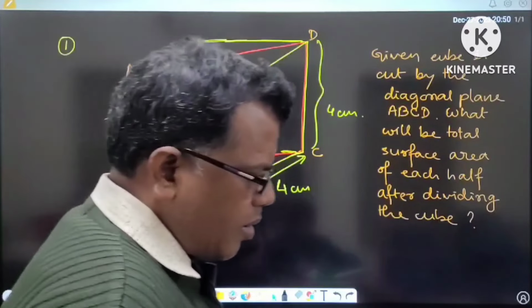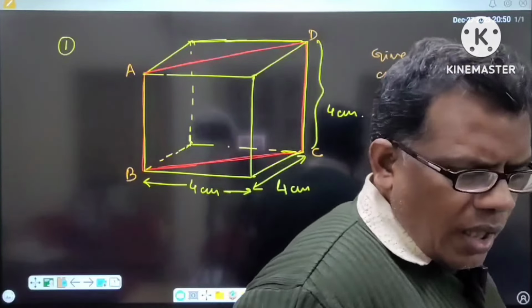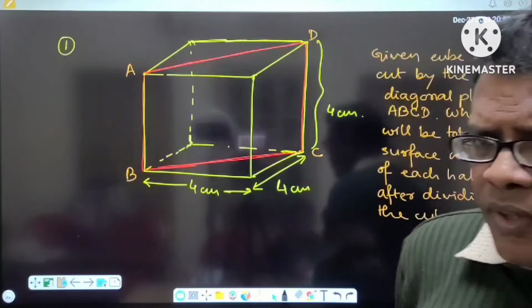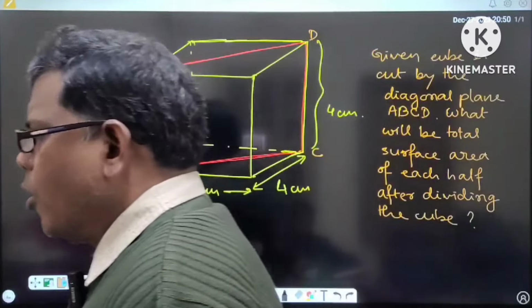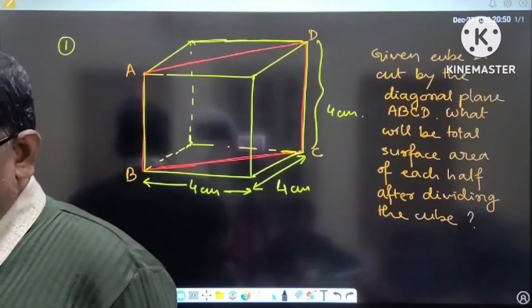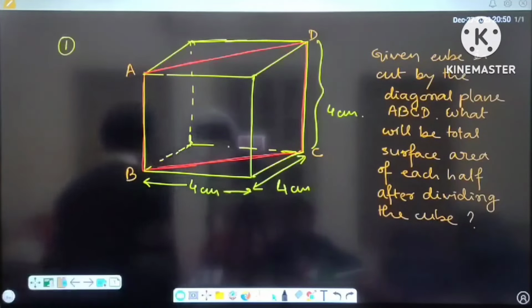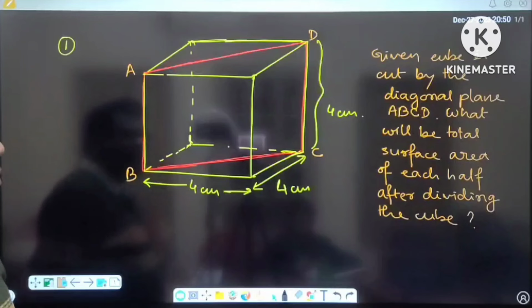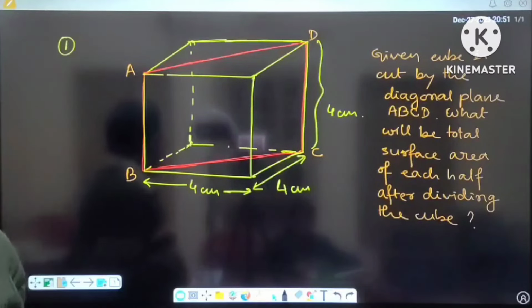So based on the portions found, how do you identify each portion with its faces, with its surfaces? Like in the case of a cube, we know that all the surfaces are square surfaces, right? In a cube there are 6 identical surfaces, yes or no?